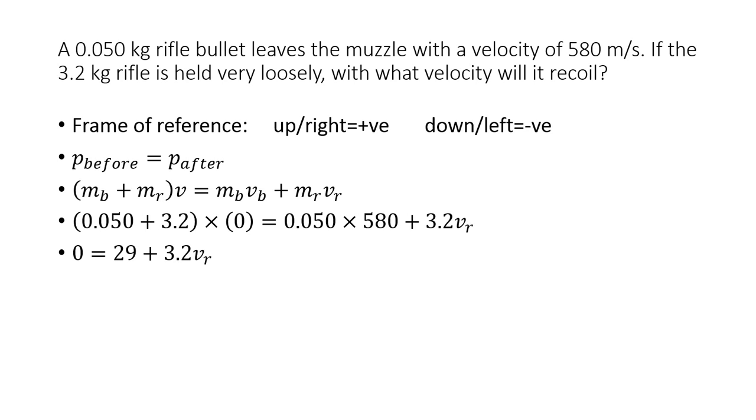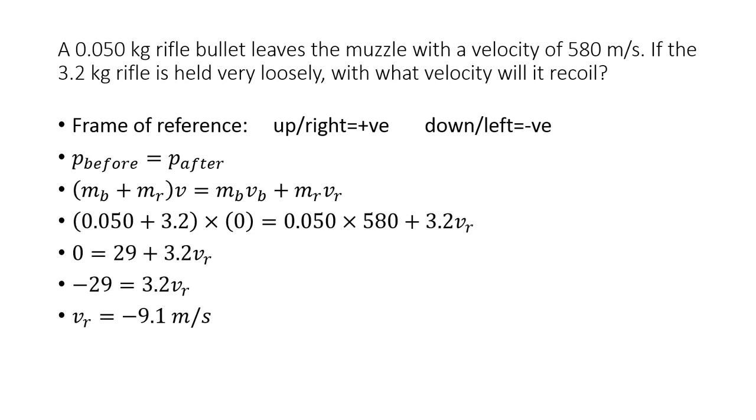Okay? And that gives me, doing some calculations on the right, 0.05 times 580 is 29, and then 3.2 V_R just stays the same. Bring the 29 over, it becomes a negative, divide both sides by 3.2, and I get the velocity of the rifle to be negative 9.1 meters per second.